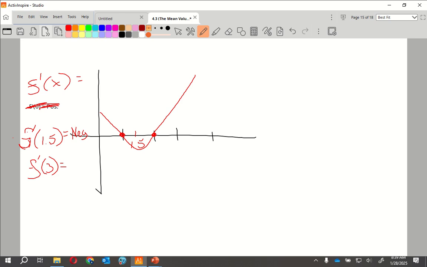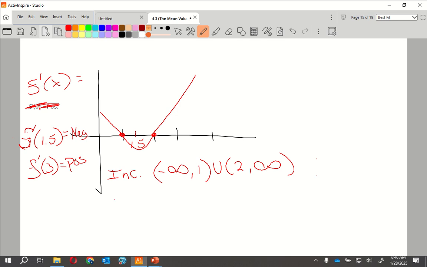On my intervals, it is increasing. So it's increasing from the interval of negative infinity to where? To 1, right? Closed. And it's picking up, increasing again at 2, and it's going to positive infinity.